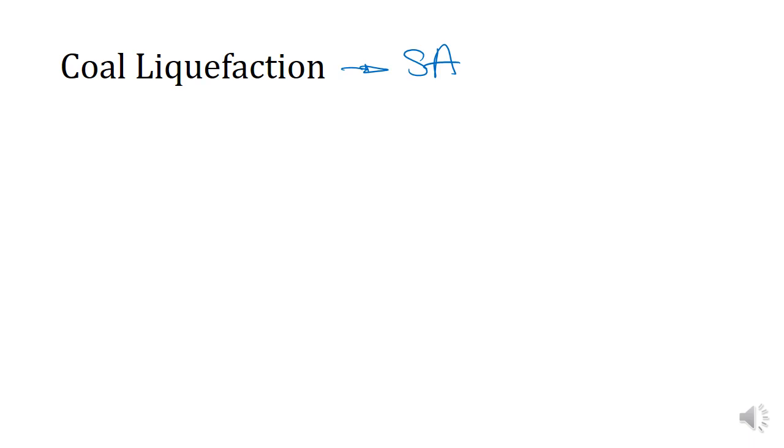So basically, coal liquefaction starts from one of the methods that we saw in the previous slide. So we end up with carbon monoxide and hydrogen.